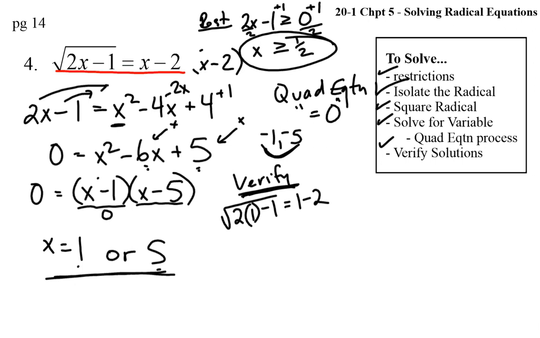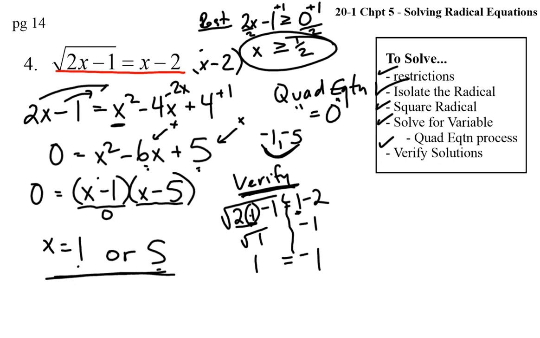Root of 2 times x, which we think is 1, subtract 1 equals x, which is 1, minus 2. So solve each side separately. 2 times 1 is 2. 2 minus 1, we have the square root of 1 here, which is 1. I also have 1 minus 2, which is negative 1.